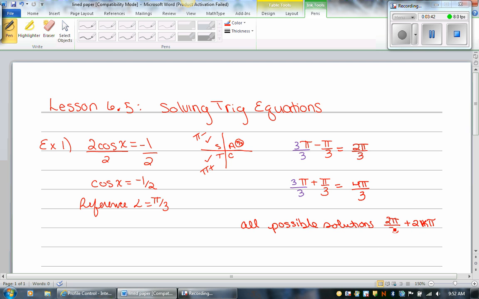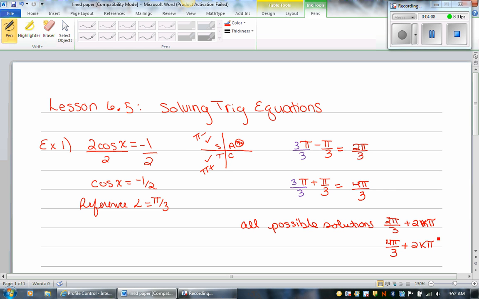So if I added 360 to 2 pi/3, we're going to get another solution. If I added 2 times 360, I'm going to get another solution. If I added 3 times 360, another solution. So 2 pi/3 plus 2k pi, or 4 pi/3 plus 2k pi. That's how we would represent all possible solutions.